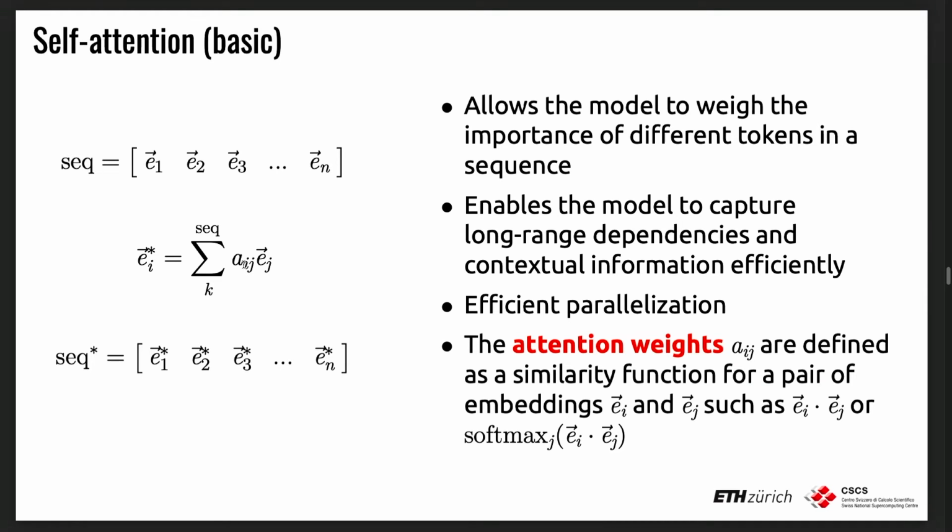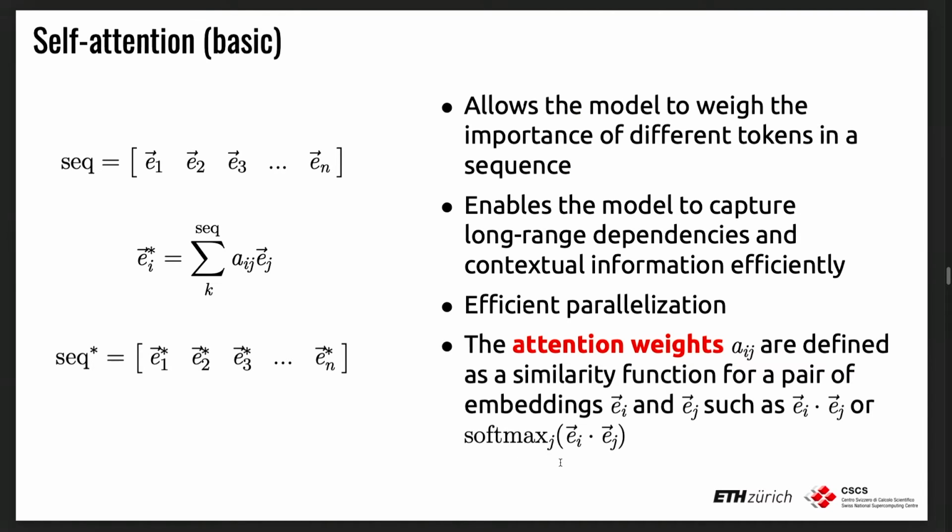In general, this is calculated as a similarity function between the two embeddings being added. That can be, for instance, a dot product, as we saw before with cosine similarity, but the most common is a dot product with a softmax applied.